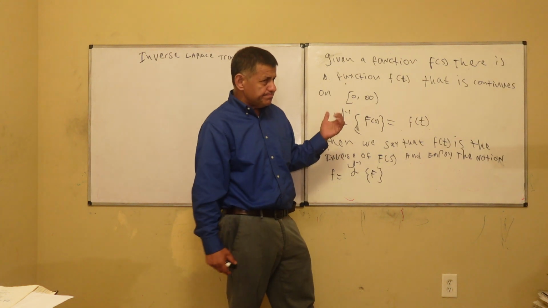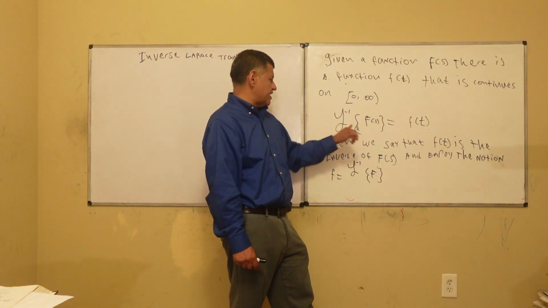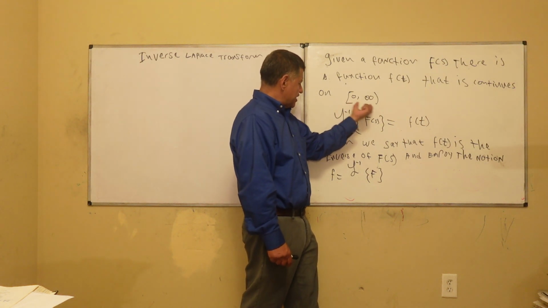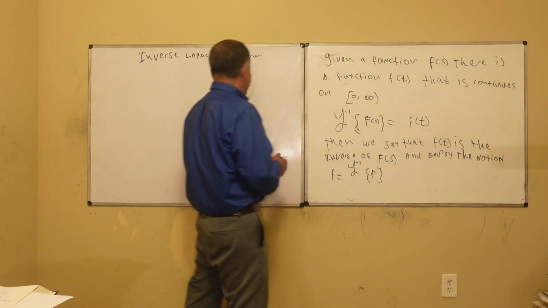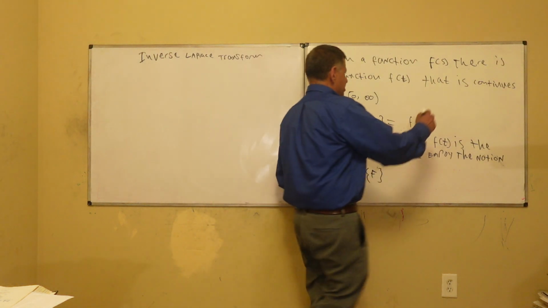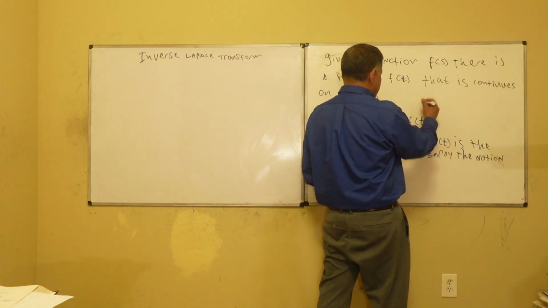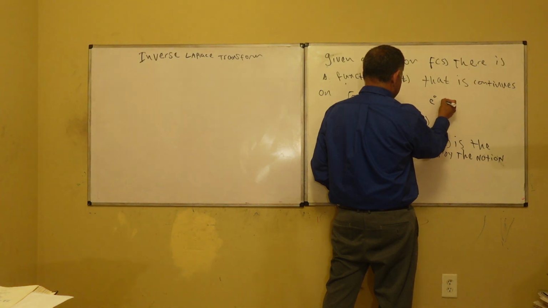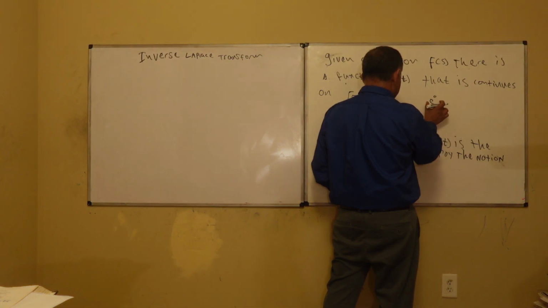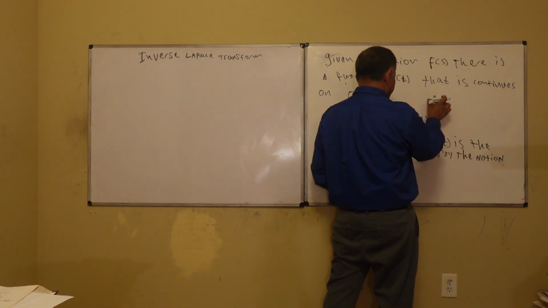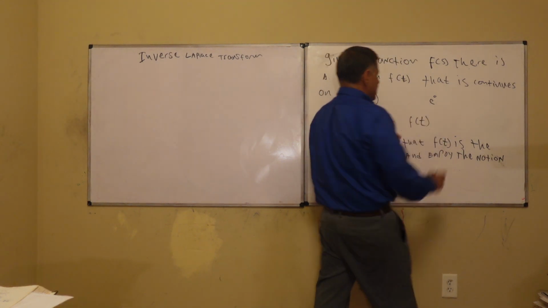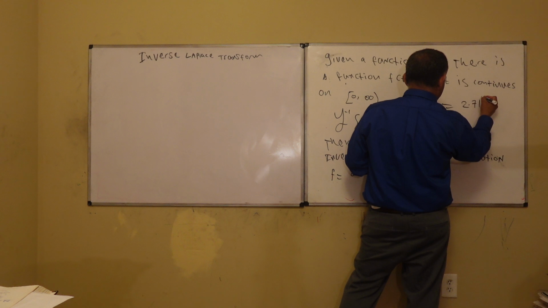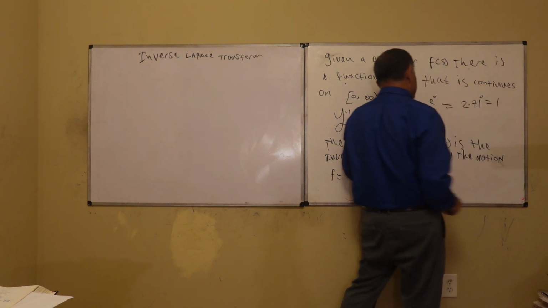If we start at 0, any number to the 0 power is 1, and e to the 0 power, even though the base is 2.71, still equals 1.